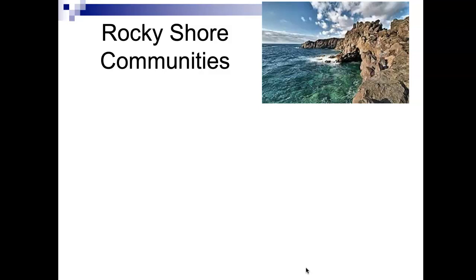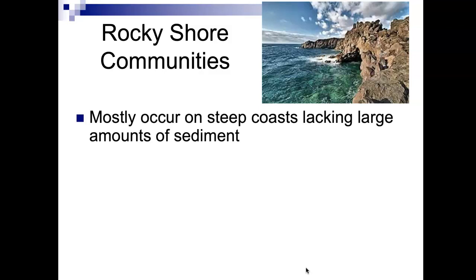Okay, so rocky shore communities are what we're going to focus on. Most of your rocky shore communities, again, we're going to find on steep coasts that are not going to have the amount of sediment buildup because they're so steep. For example, in North America, you're going to find this where we have our active margin.